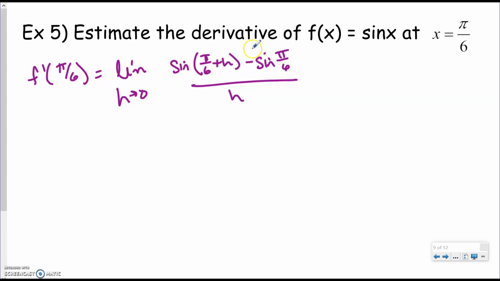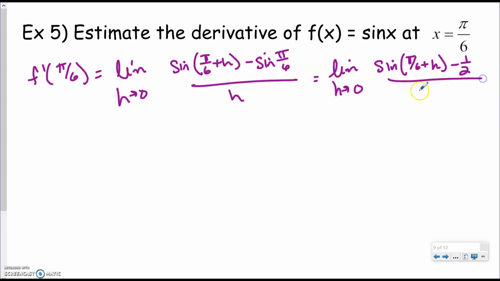Okay, and we can't simplify this, so you need to make a table like we did in the last unit, using your calculator, and test values on the left side and the right side. So when h is greater than 0, we're going to plug in 0.1, 0.001, and 0.0001.